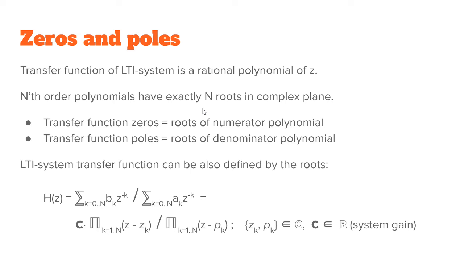Zeros of the system are the roots of the polynomial defined by the numerator side coefficients, and poles are the roots of the polynomial of the denominator.